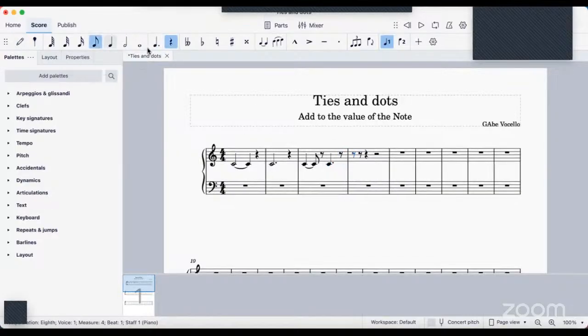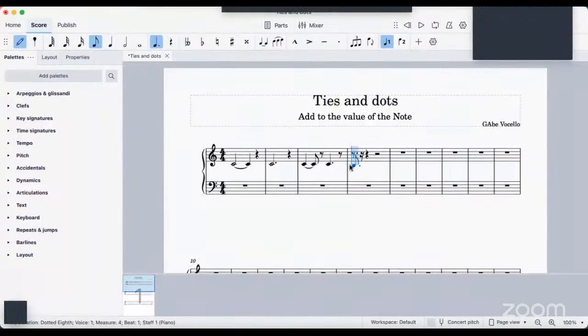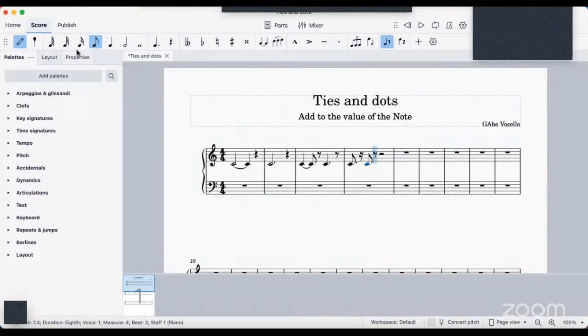If I have a dotted eighth note, let's do the opposite. A dotted eighth note is an eighth note plus a 16th note, tied.